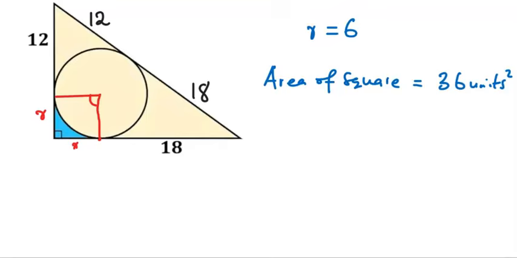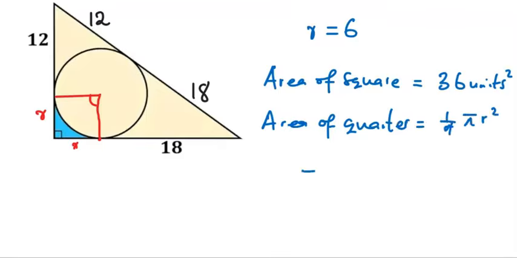Then the area of the quarter circle is going to be 1 over 4 pi r squared. So this is going to give us 1 over 4 times pi times r squared, which is 6 squared, giving us 36, and is equal to 9 pi.